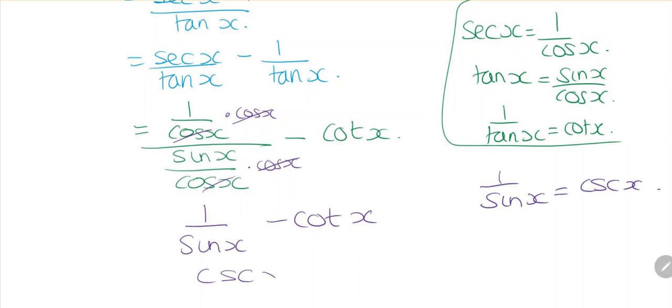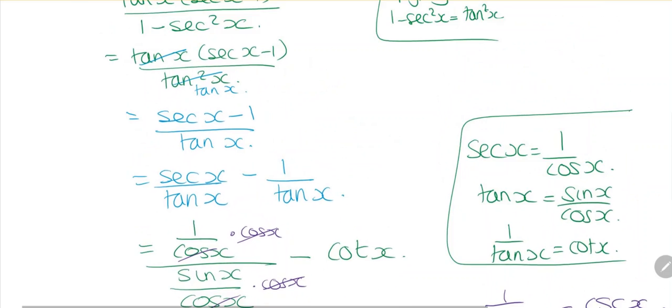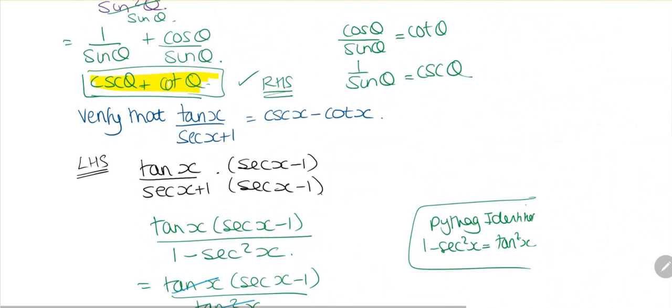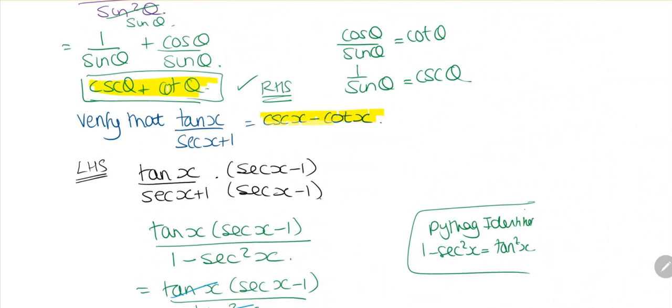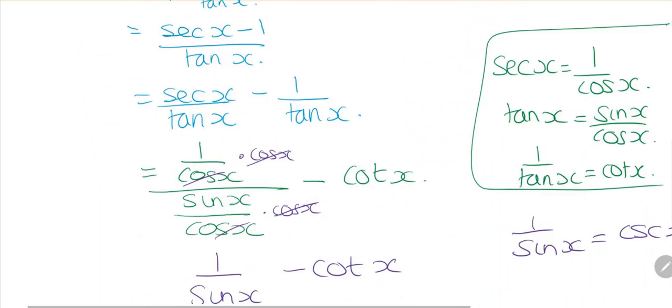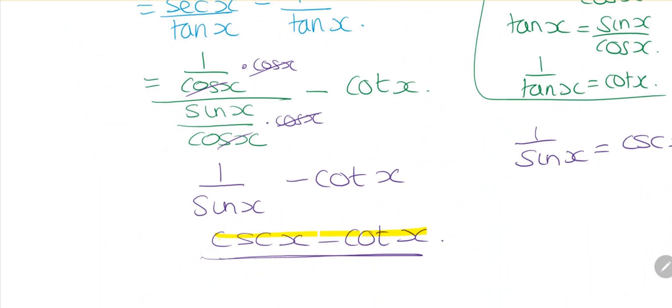So this is cosecant of x minus cotangent of x. If we look at the question, we have cosecant of x minus cotangent of x. So we have proved that the left-hand side is equal to the right-hand side.